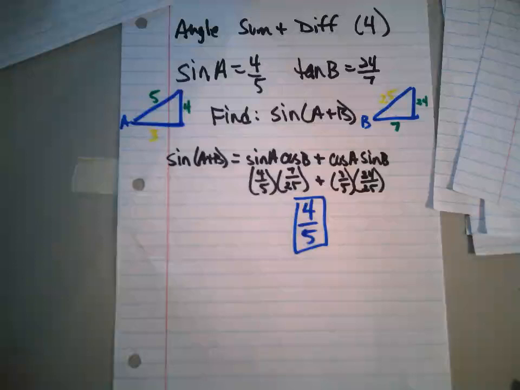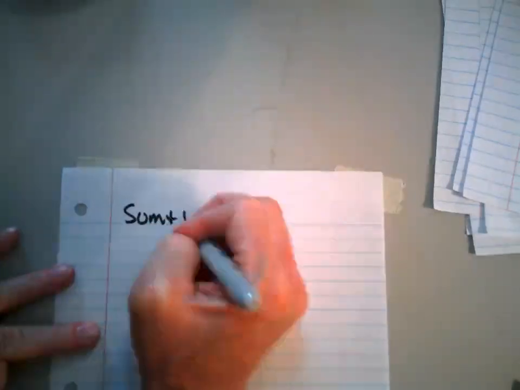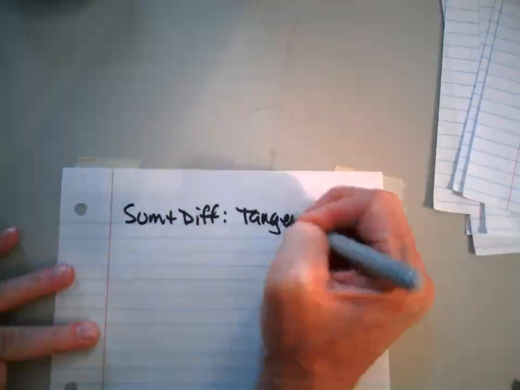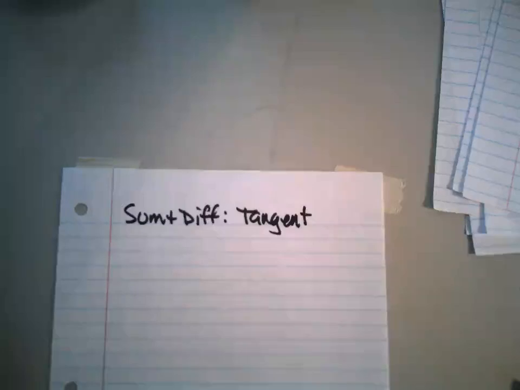We got a tangent problem. This is the 8th section. 4 problems down here in this tangent angle sum and difference. So we have sum and difference. These are the tangent problems. All right, last section.